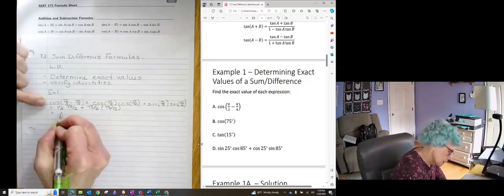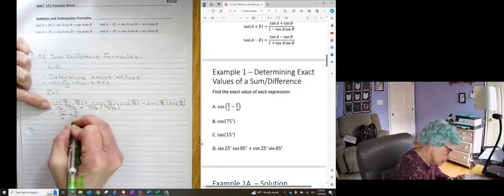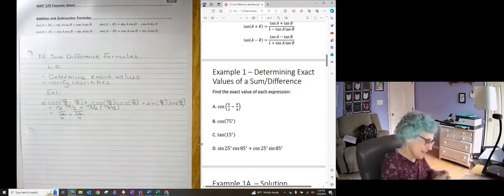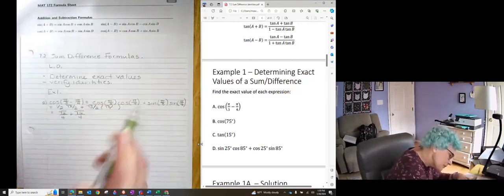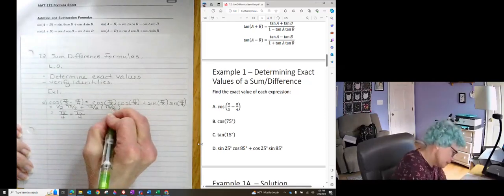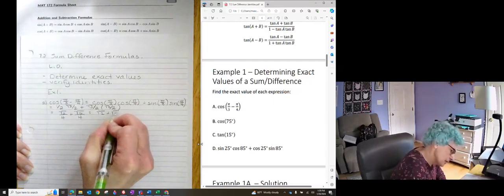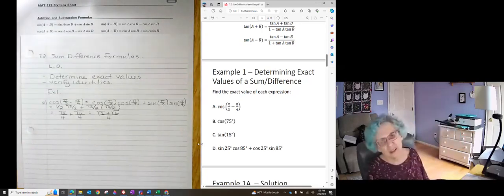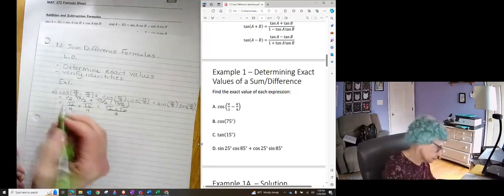So we have square root of 2 over 4 plus square root of 6 over 4. So I have square root of 2 plus square root of 6, over 4, and I would expect you to be able to combine it into one unit like that.